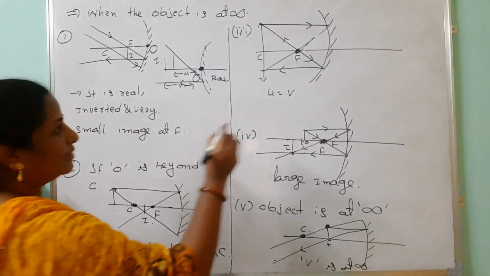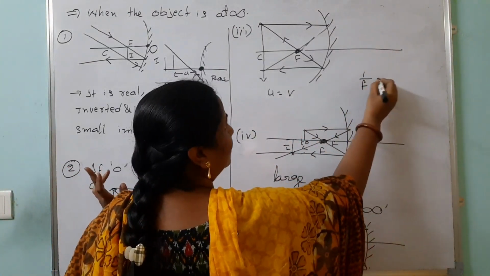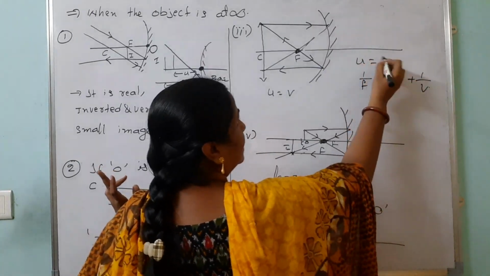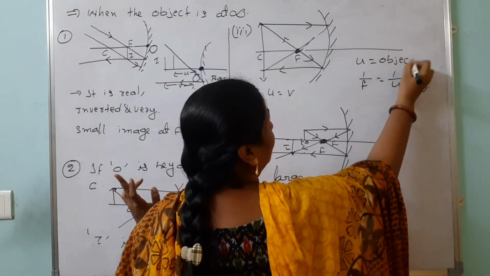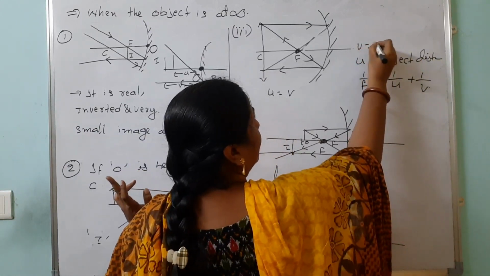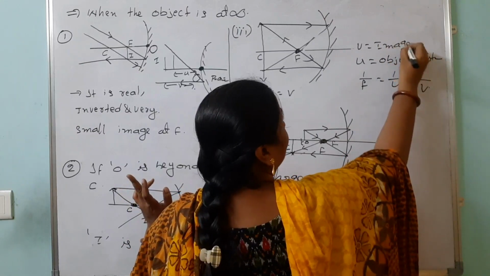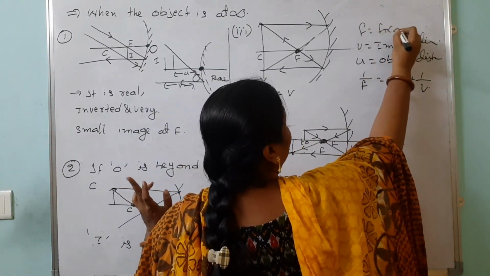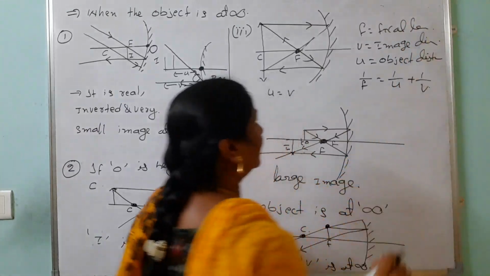Generally the mirror equation is what? 1 by f equals 1 by u plus 1 by v. Here u is the object distance, v is the image distance, and f is the focal length. Don't confuse, you know the basics from the 10th class.